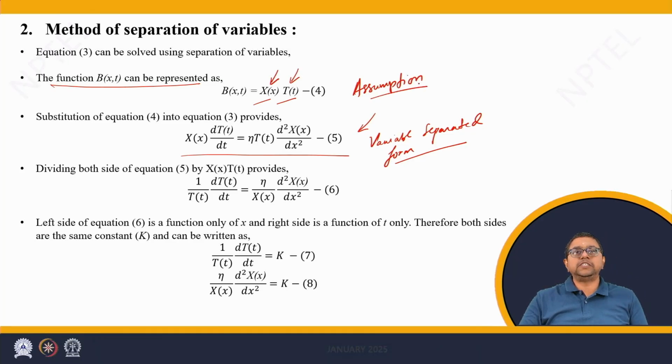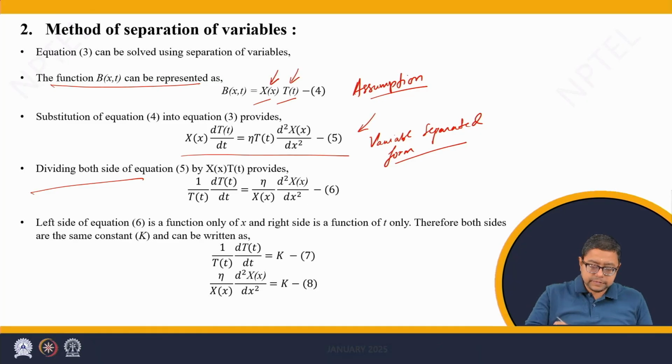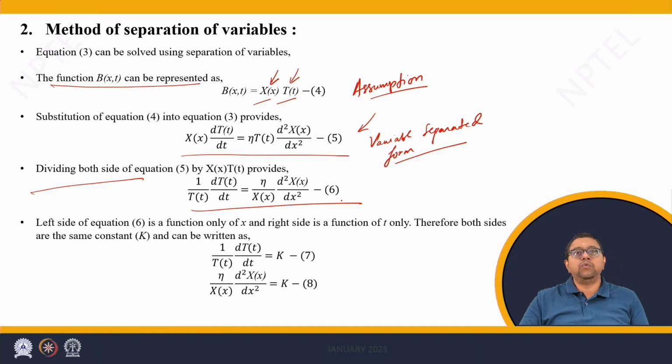Note that the variable separation form is just an assumption. In general, it may be that B is more general than the variable separated form. But this type of analysis gives us an easy method of solution which is also insightful. Now we have to divide both sides of equation 5 by the product X into T. This gives 1 by T dT by dt equals eta by X del square X by del x square.